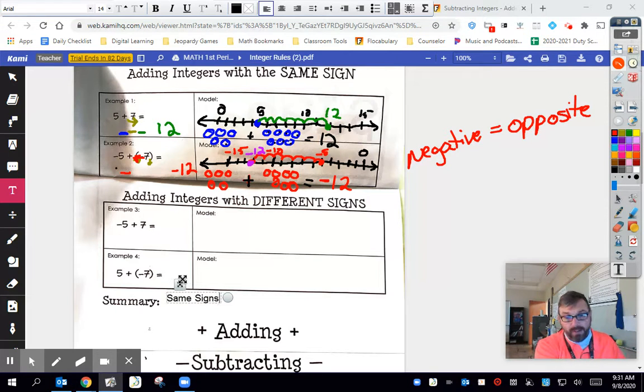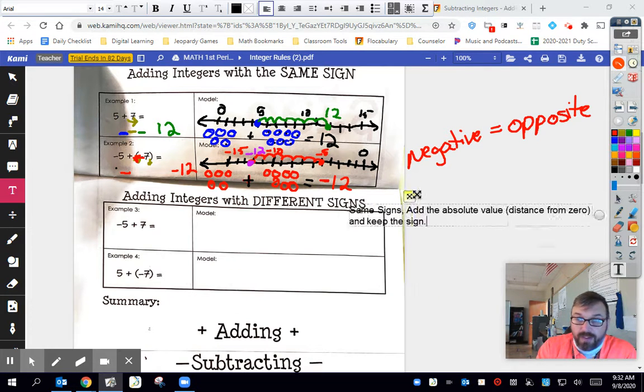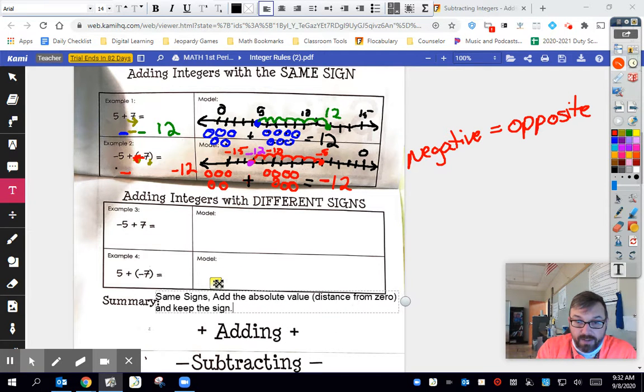Same signs, we are going to add the absolute value, which is the distance from 0, and keep the sign. That's going to be our summary. I'm going to leave it right there because we're out of room.